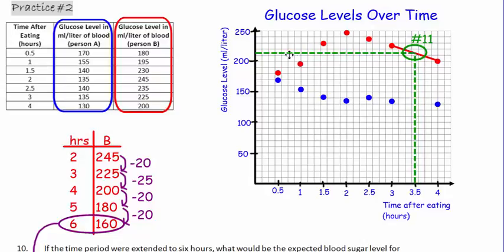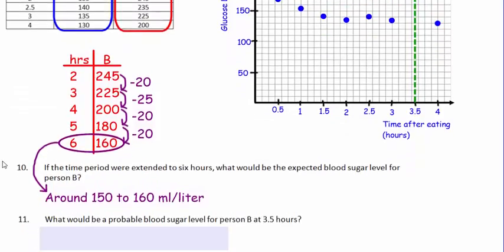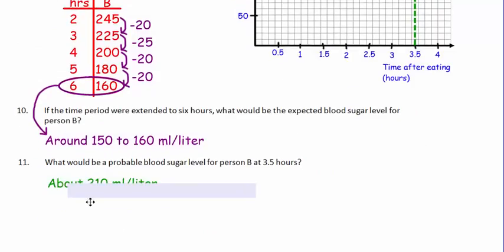Now I'm going to look across, and every square is 10, so it's somewhere between 210 and 220 milliliters per liter. Again, it's not exact. We're just using the graph to interpret. Okay, so either one, 210 or 220, but milliliters per liter, and you're using your graph for that.